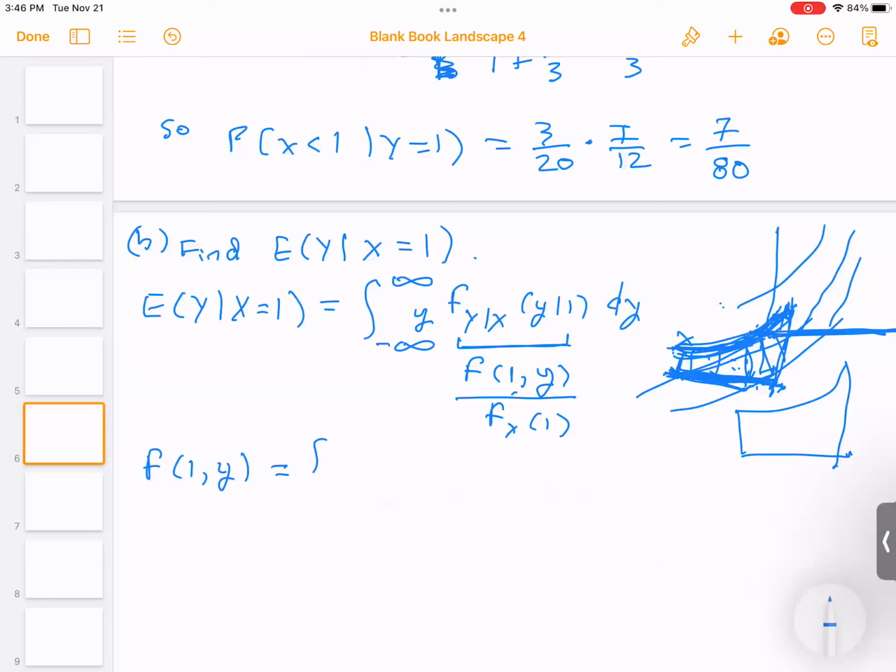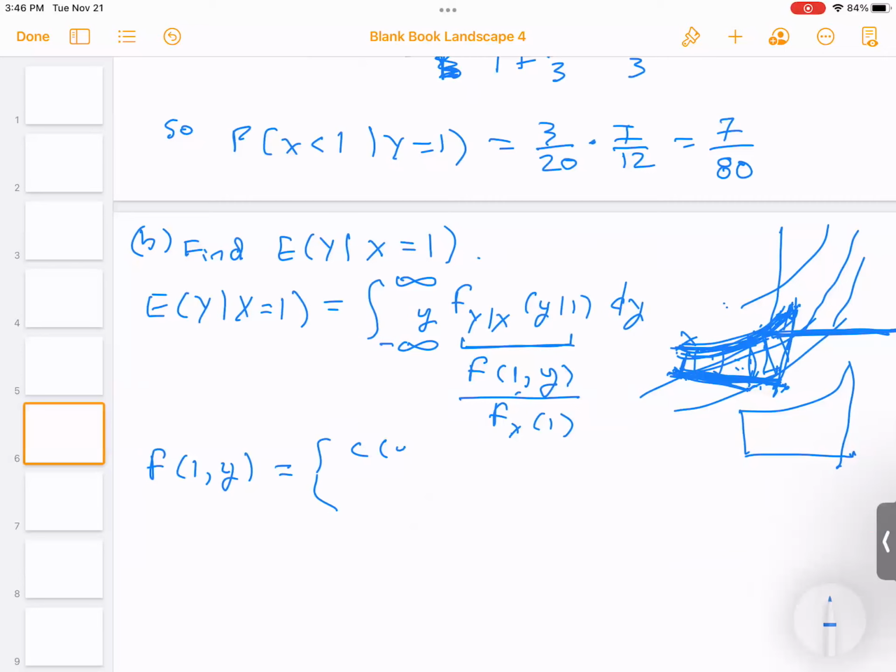C. X is 1 now. So that's good. That makes this pretty simple, right? C, Y plus 1. Right? Yeah. X is 1, so X squared is 1, and X is 1. So this is what I get, and this is for 0 less than Y less than 2, and 0 else.